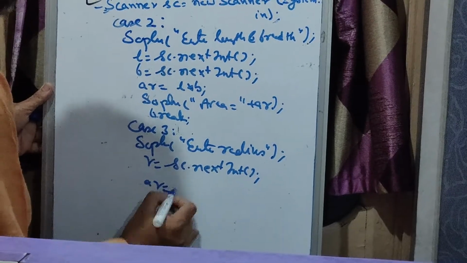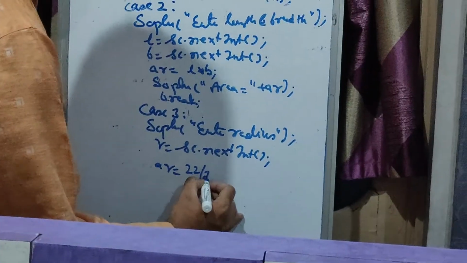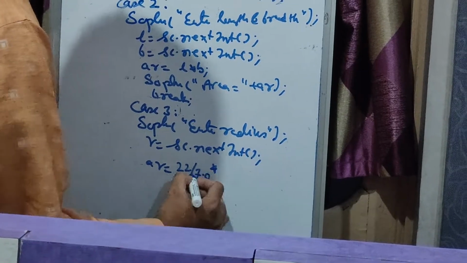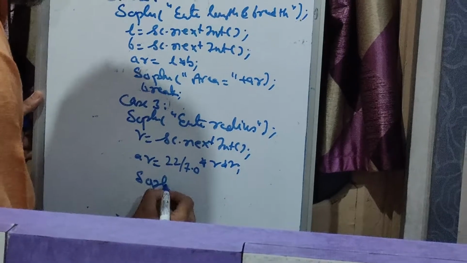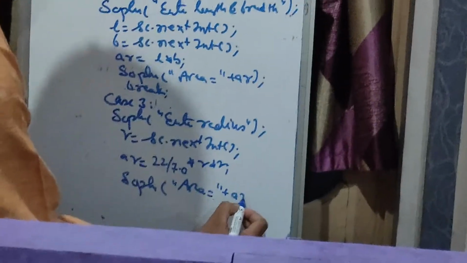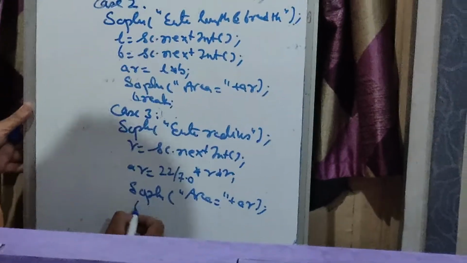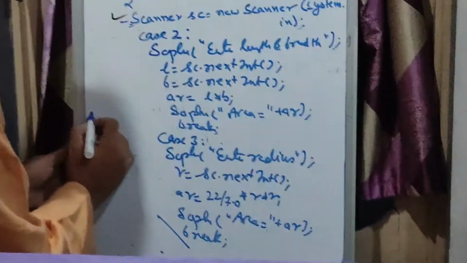Now area, we have taken area double only for this part, 22 by 7 into r square. This is pi r into r. So System.out.println area equals to ar. Again break, and after this you should use default.